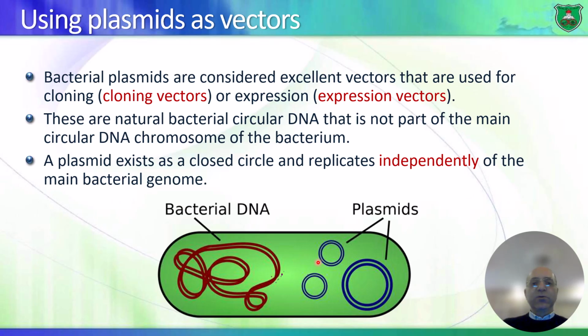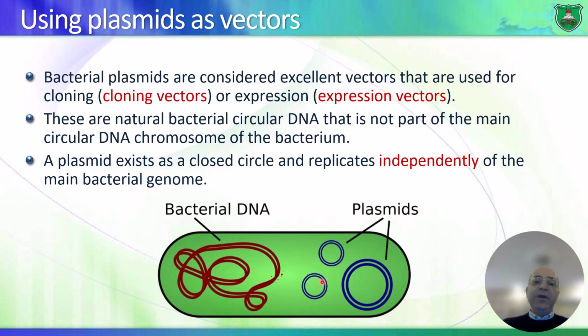Now, naturally, plasmids contain genes. They carry genes that can give an advantage to bacteria. For example, it can make them resistant to viruses, or give them antibiotic resistance ability. That's what's important: they can replicate independently of the chromosomal DNA, and they can be engineered as well.